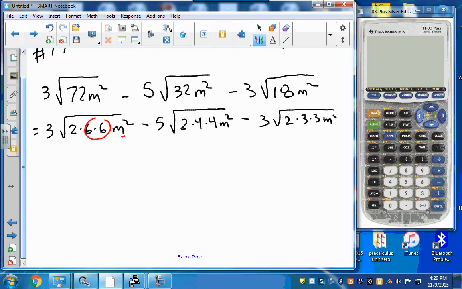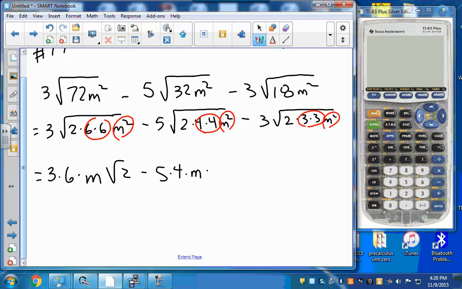There's a pair, there's a pair, there's a pair. Each one of those pairs comes out front. So I have 3 times 6 times m, square root of 2, 5 times 4 times m, square root of 2, 3 times 3 times m, square root of 2.